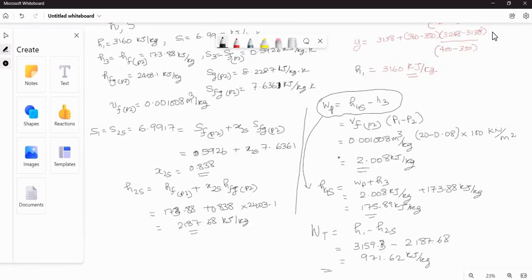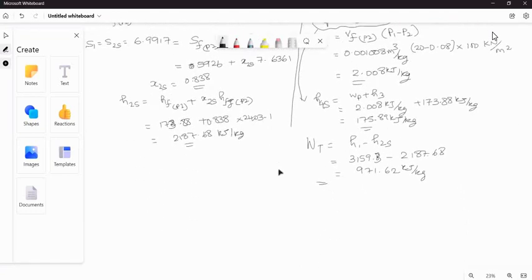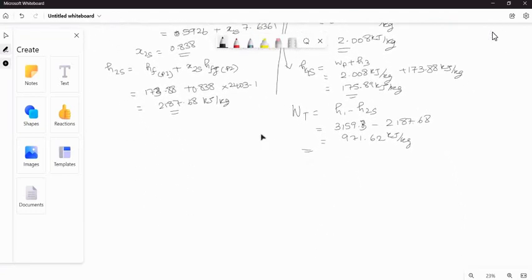Now, for net work output, from the turbine work you have to reduce the compressor work. If you see the system, this is compressor work W in, that is the pump work. This is W out, so turbine work. Work output means you have given some of the work to the system also.